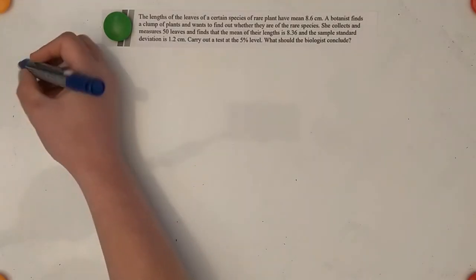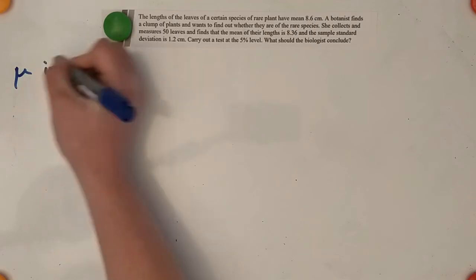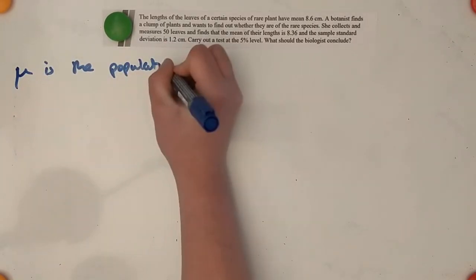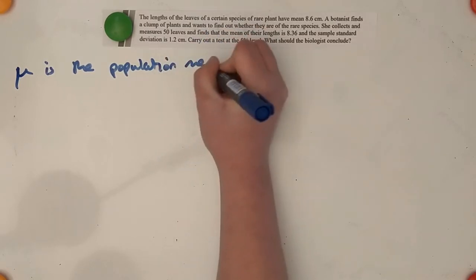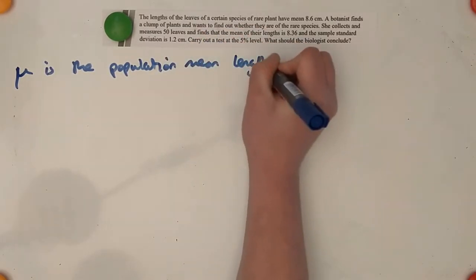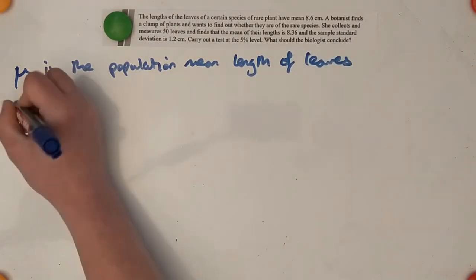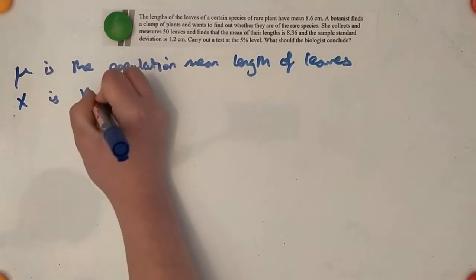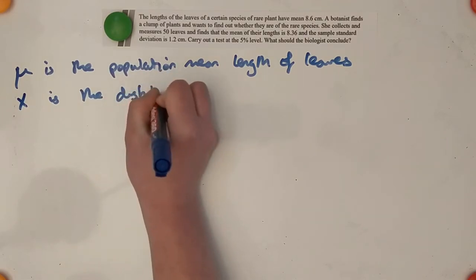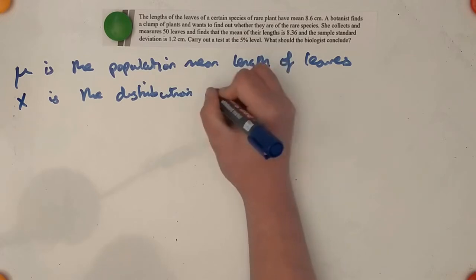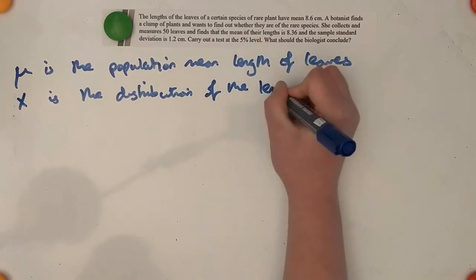So, starting as always, mu is the population mean length of leaves, and x is the distribution of the length of leaves.